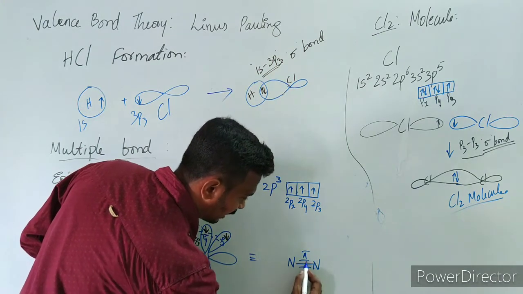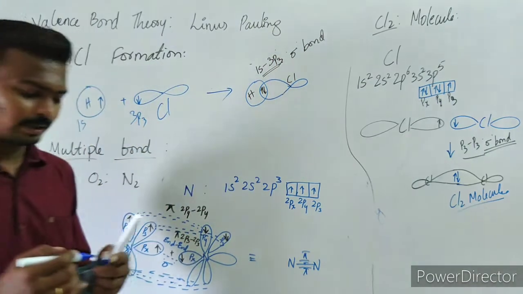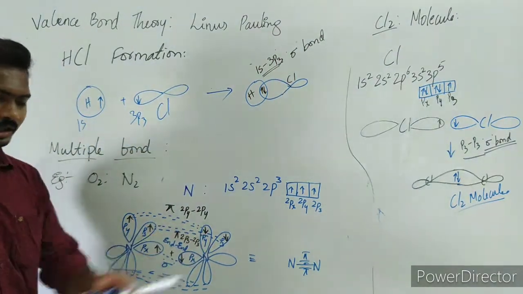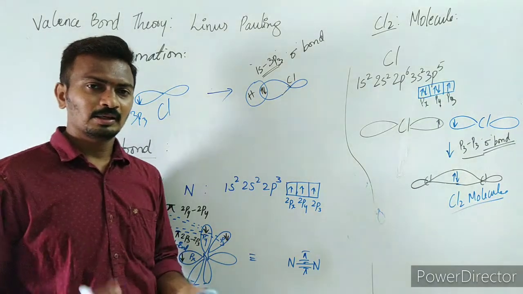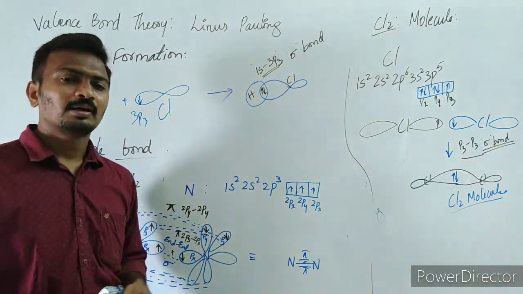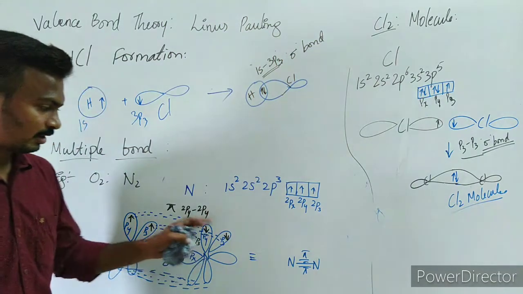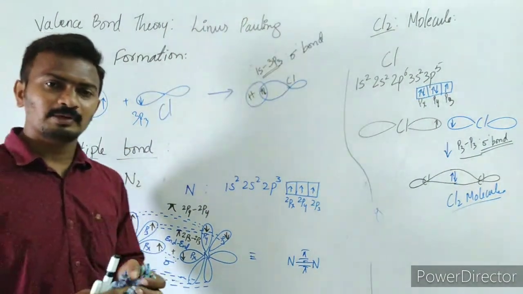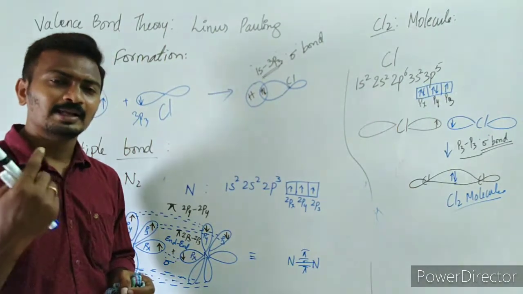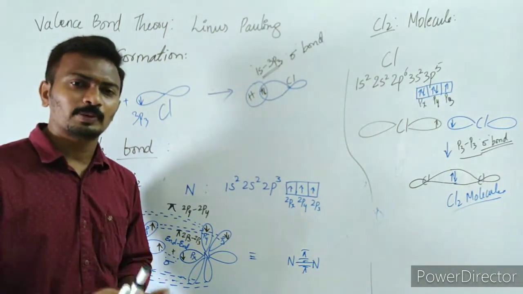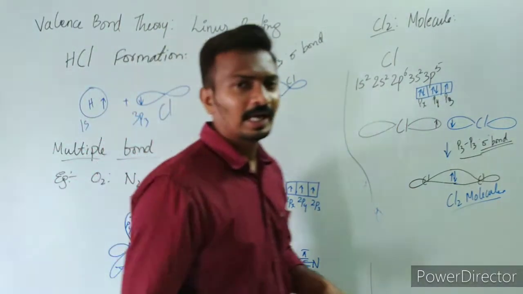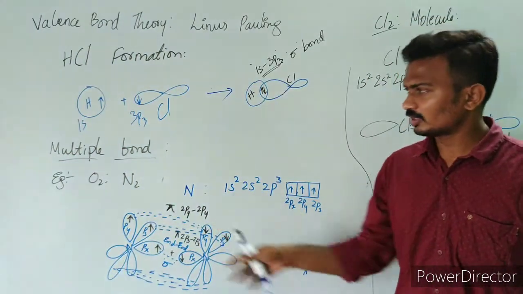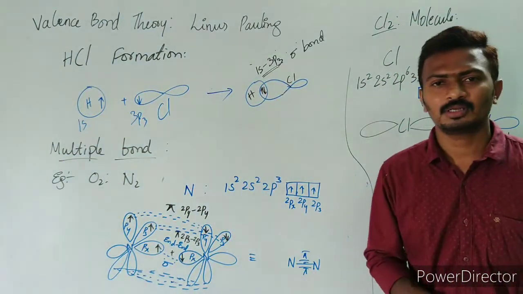These 2 are pi bonds and in between there is a sigma bond. In this way, the nitrogen molecule will be formed with one sigma and 2 pi bonds: sigma between 2px, 2px, a pi bond from 2py overlapping, and another pi bond from 2pz, 2pz overlapping of the other nitrogen. So this is how multiple bond formation occurs.